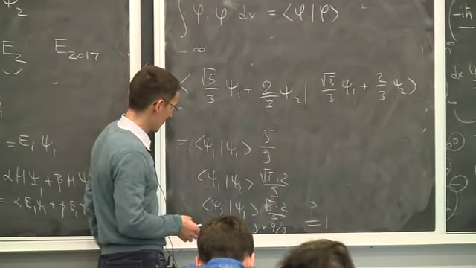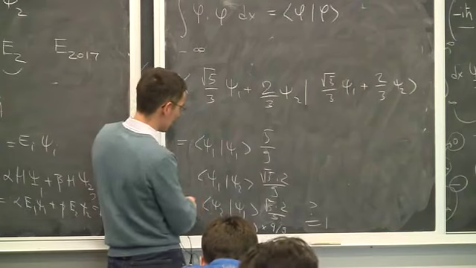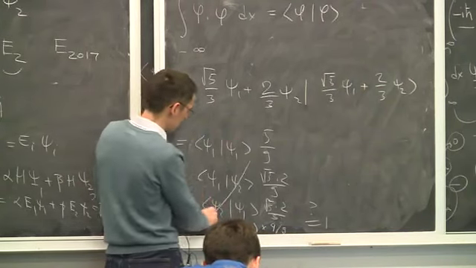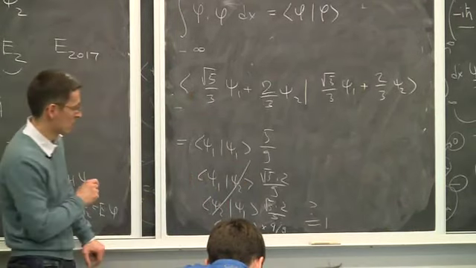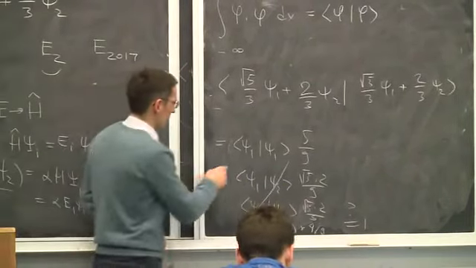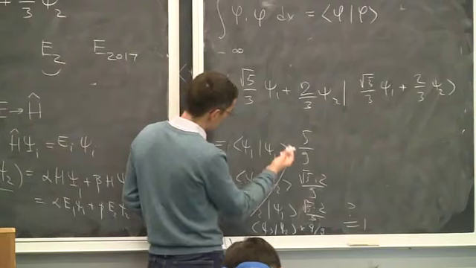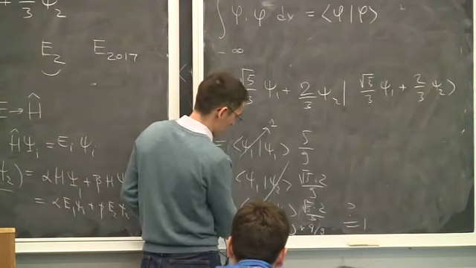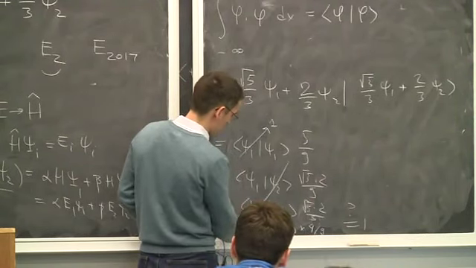Right, these are orthonormal functions, so any two different functions will give a zero integral. We should forget about these cross terms. Based on orthonormality, these guys will be 1, and this one also will be 1. So we got rid of the integrals, and we have 5 over 9 plus 4 over 9, which is 9 over 9, and this is 1.